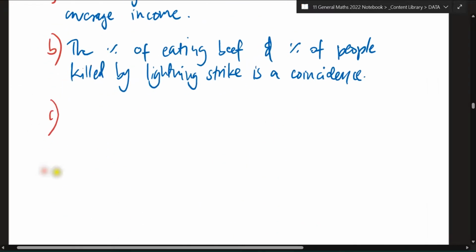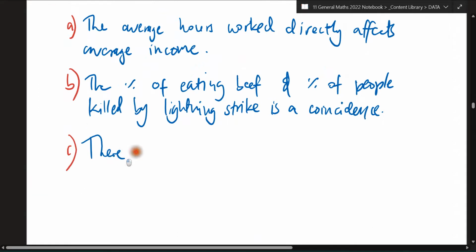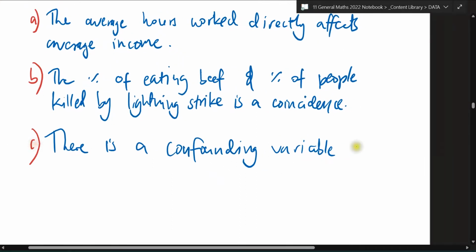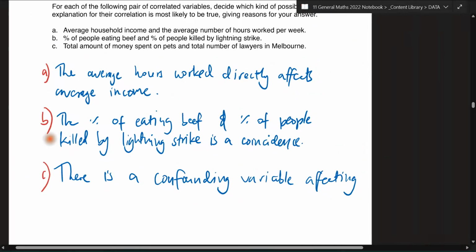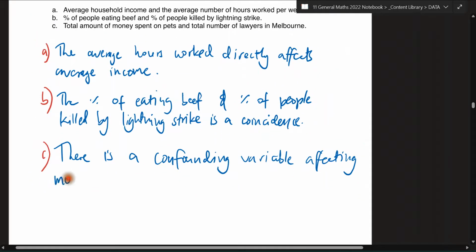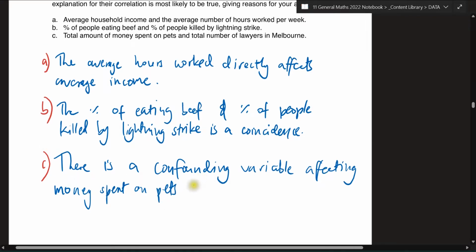So you would say there is a confounding variable affecting, and then you tell me what the two variables are: money spent on pets and total number of lawyers in Melbourne.